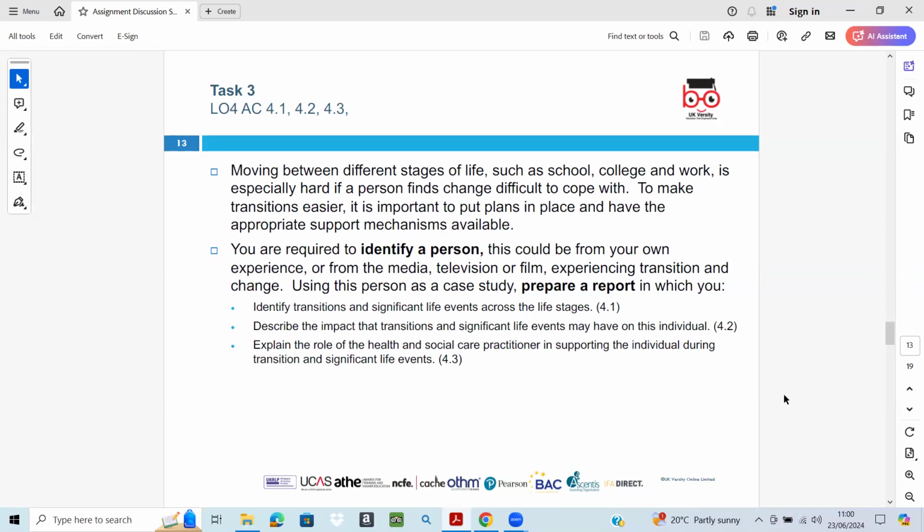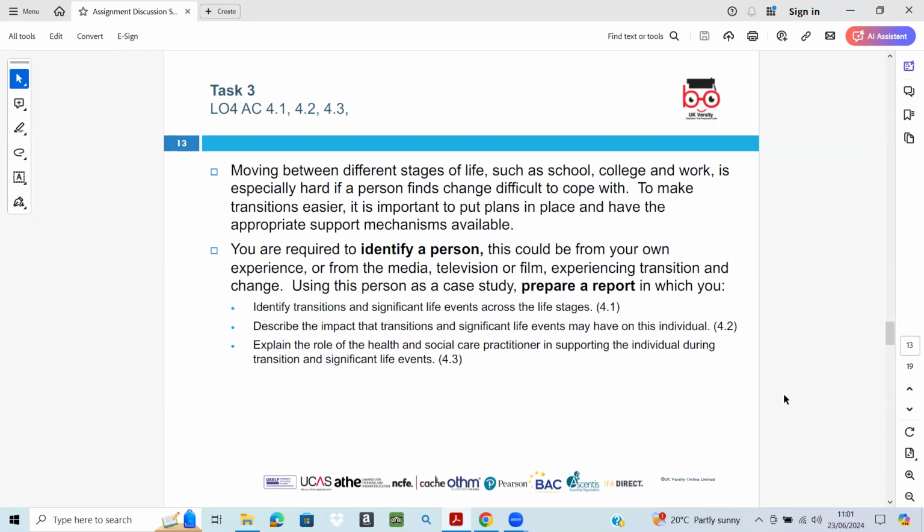We need to outline the transitions this individual has gone through, such as from school to college, entering the workforce, or any other significant life event they have encountered. And we need to connect these transitions to specific life stages, highlighting the challenges and adjustments they face.